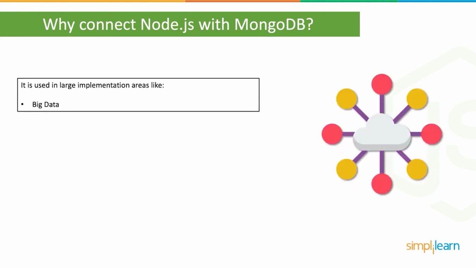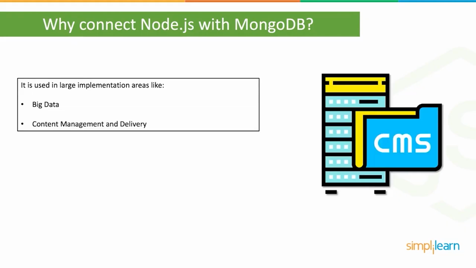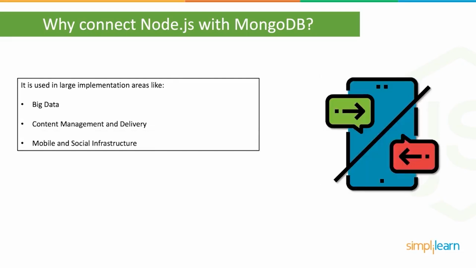So, why do you want to keep connecting to MongoDB? One of the areas that is often forgotten with Mongo is the concept around big data. When you talk about big data, you're talking about absolutely massive databases, and MongoDB is front and center for all of that. You can do effective content management and delivery.